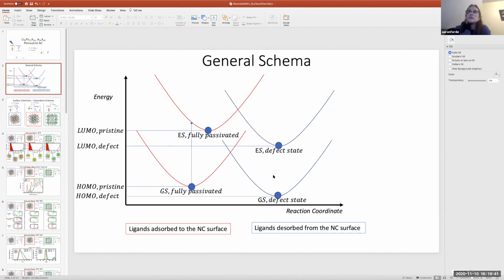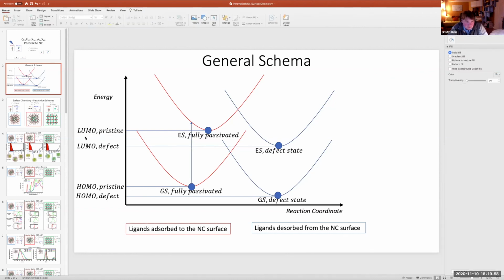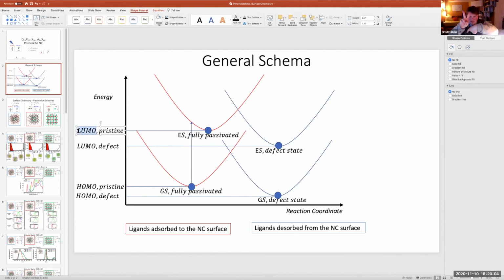So the y-axis would be much better labeled as total energy, because if we literally mention the energy of HOMO and LUMO, some communities consider that HOMO orbitals have a different sign convention than LUMO.